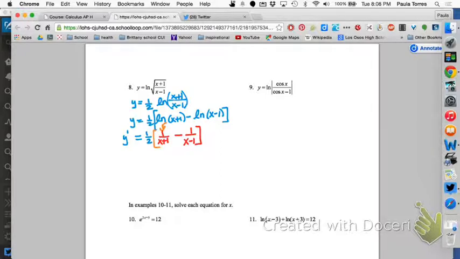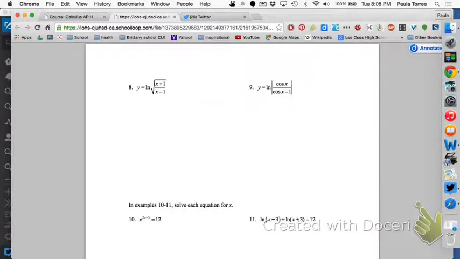And then, of course, I'll have to get a common denominator. So this one's going to need an x minus 1, and this one's going to need an x plus 1. And then when I simplify it all out, guess what answer I get? OMG, no way. I still get the same thing. So, could have done it either way.